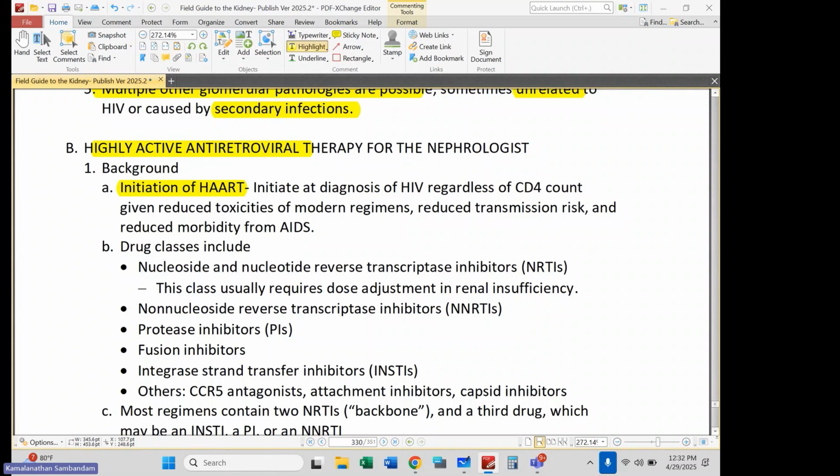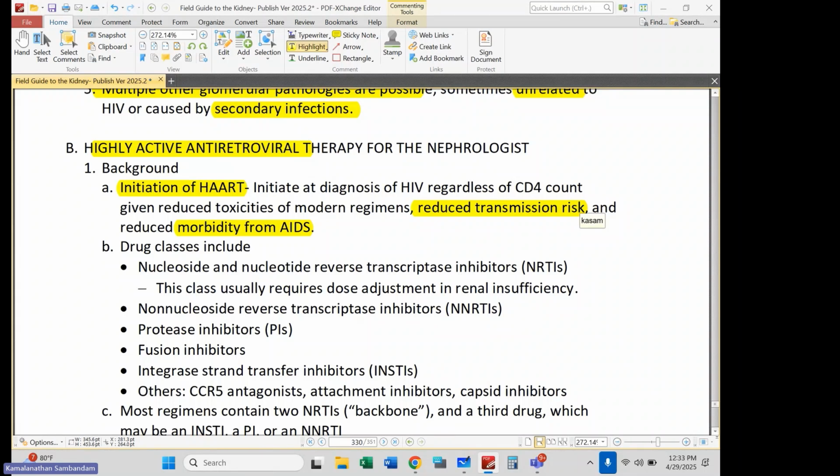Whereas when I was a resident, we held back on the introduction of HAART therapies until you had a low enough CD4 count. That is not the modern practice of HIV treatment at this point in time. Really, HAART therapy is initiated essentially in anyone who's willing to take the drugs and is compliant, and that not only reduces some of the morbidity to the patient, but also has some public health advantages by reducing disease transmission in the community.